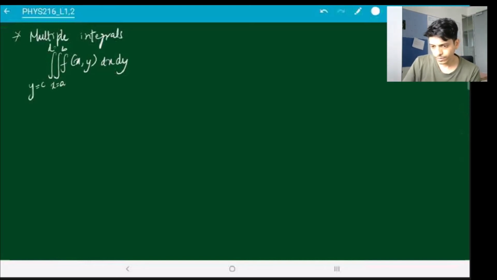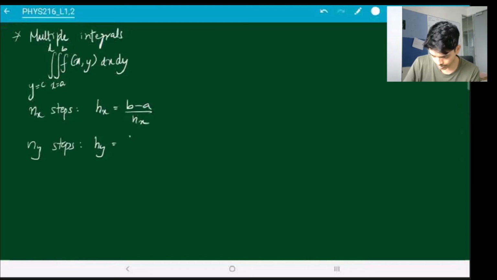Between a and b, if you take nx steps, then hx is (b minus a) over nx, and along the y direction you take ny steps, where hy is (d minus c) over ny, and then you do the exact same thing that you've been doing so far.